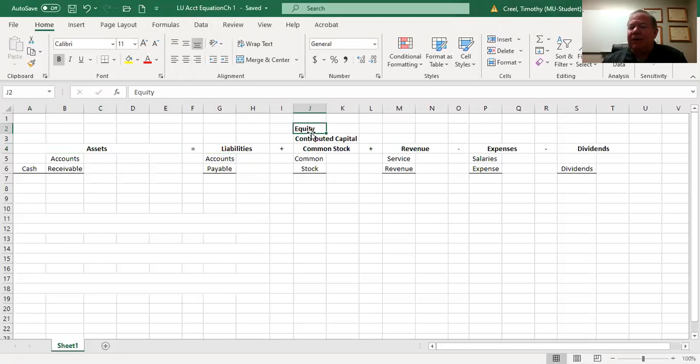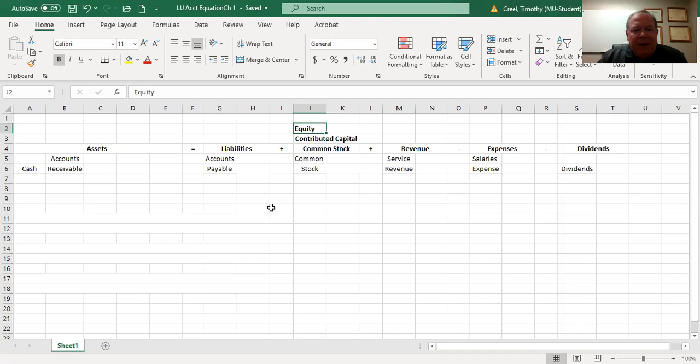And equity consists of money that's been contributed by the owners, or retained earnings, which are earnings that have been reinvested back into the business. So this is a pretty important thing to keep in mind. And what you'll see as we go through the course, as transactions occur, is that the accounting equation should always remain in balance.